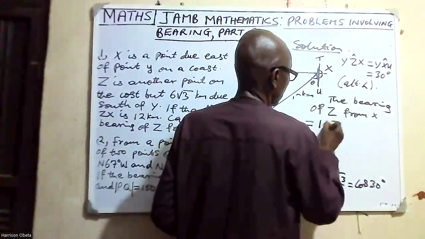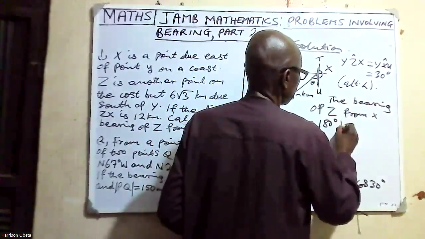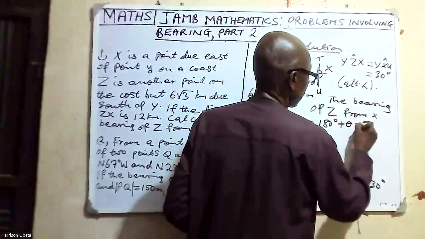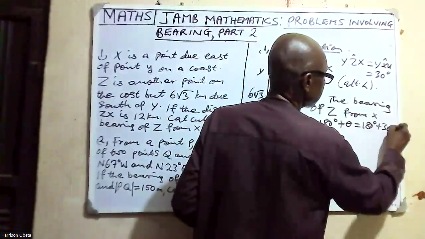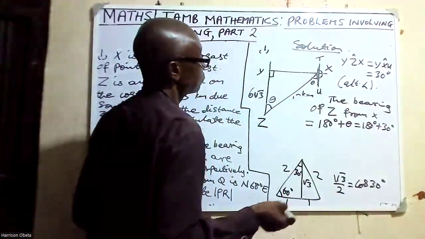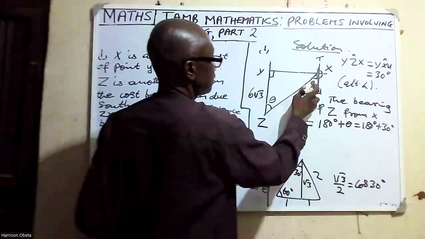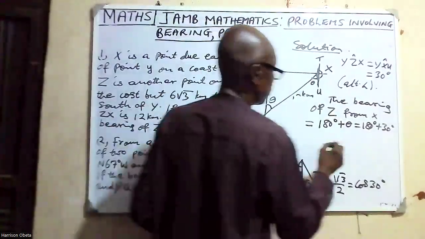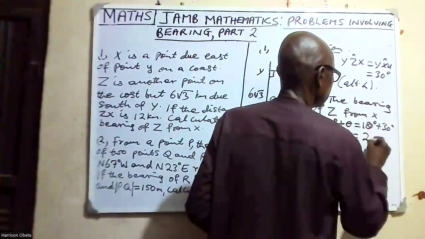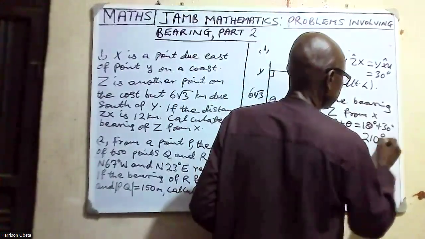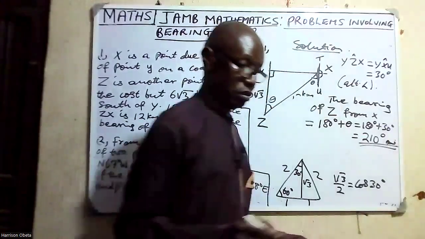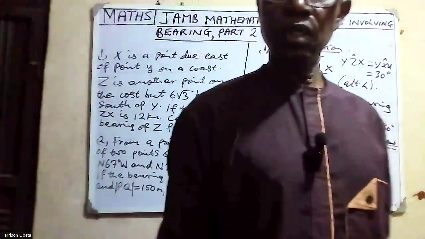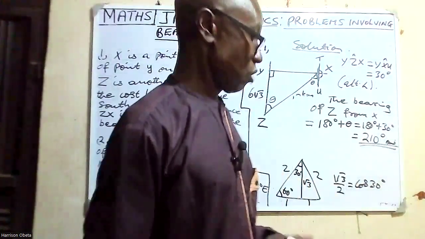That should be 180 plus theta, which is equal to 180 plus 30 degrees. So this is 30, this is 30. That will give us 210 degrees as the answer. So that is the answer to question number 1.